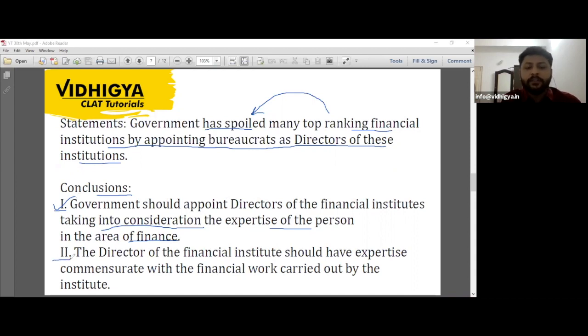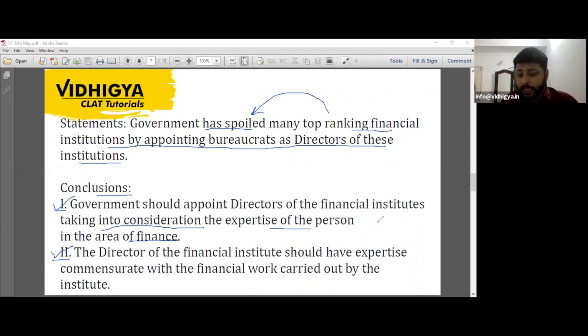Second, the director of the financial institute should have expertise commensurate with the financial work carried out by the institute. Now this is in line with the previously discussed statement. So the first one is some extended version of the next statement.